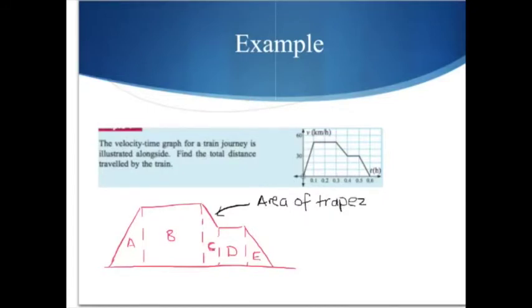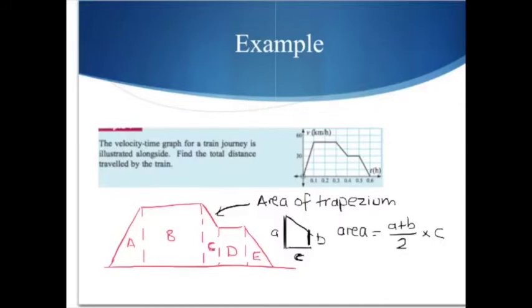So if we've got something that looks like this, with A, B and the height, the area is equal to (A plus B) over 2 times the height. The one you had was on the other angle, rotated 90 degrees.